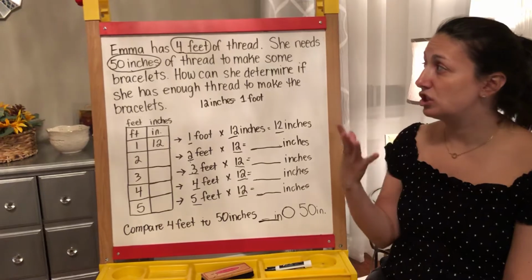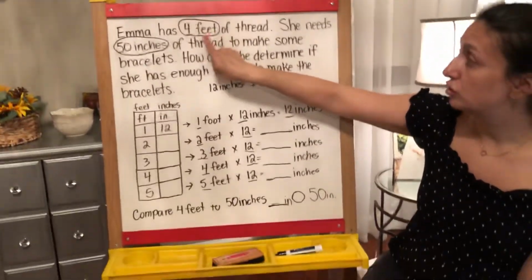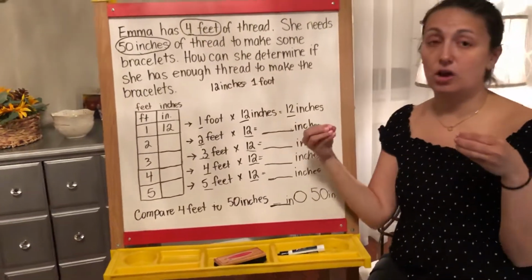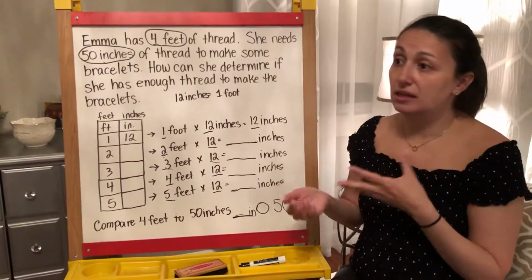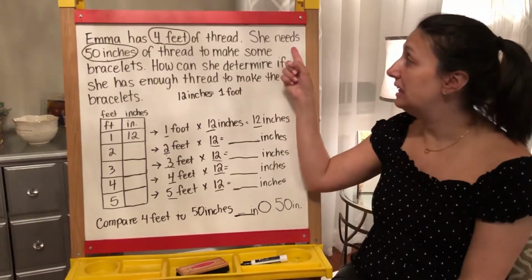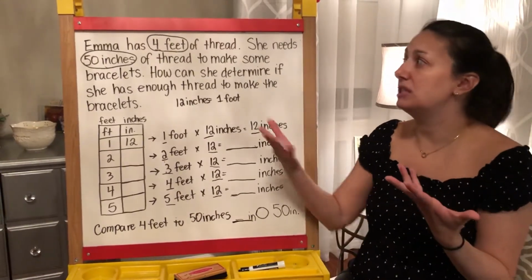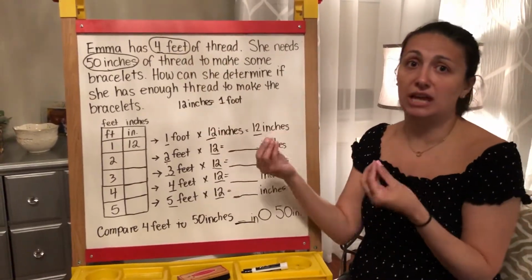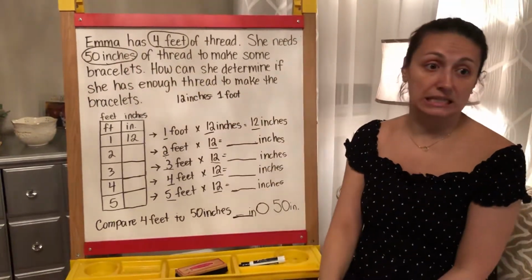So let's look at what she's doing here. Emma has 4 feet, so she's measuring her thread in feet. And she needs 50 inches of thread. Maybe she went to the store and bought the thread that she liked, and it was measured in feet, but she knows how much she needs in inches.